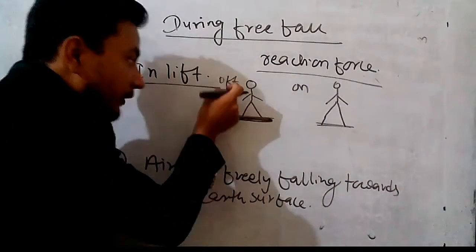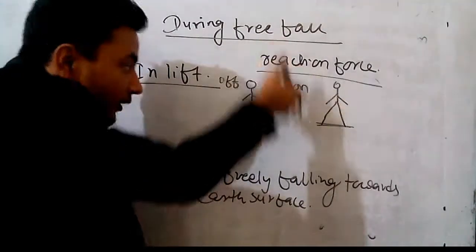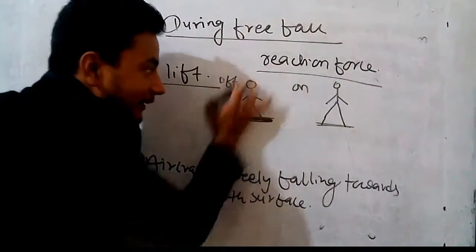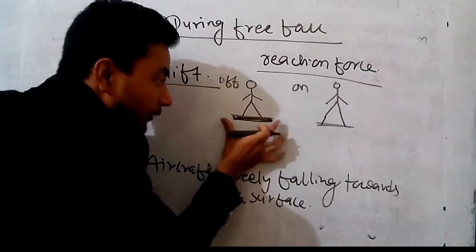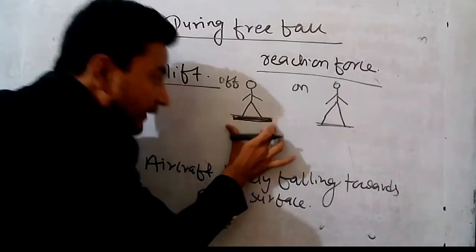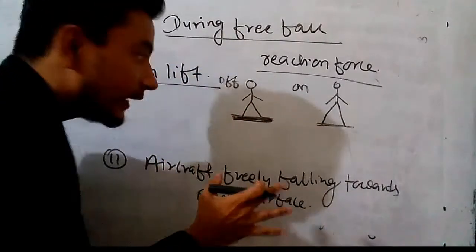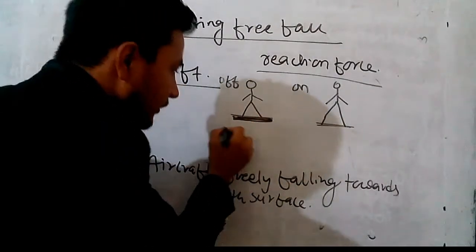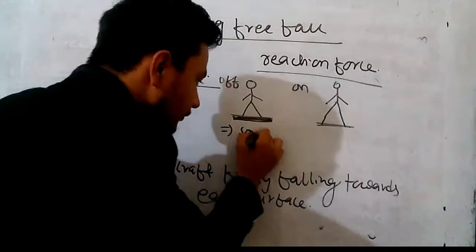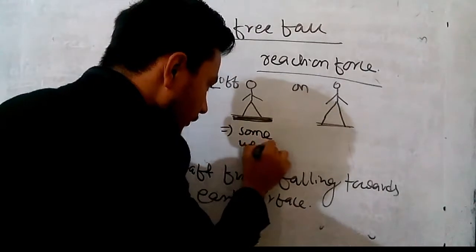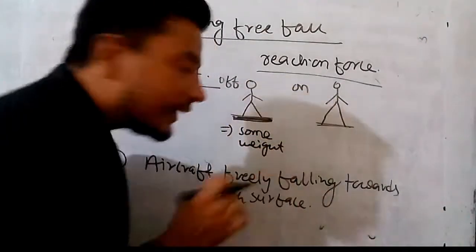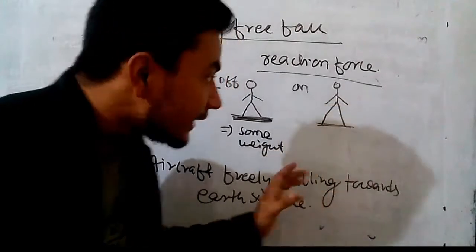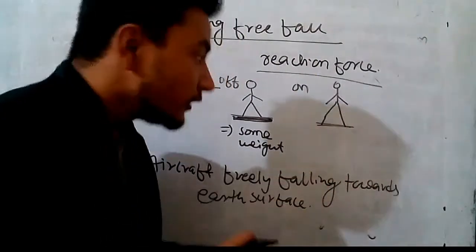When the switch is off, the lift does not move up or down. So in that case, the man gives a reaction force to the base of the lift, and the man shows some weight. But when the switch is on, the lift moves up or down.